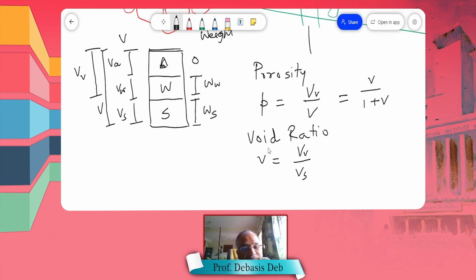Everybody? Just replace the Vt here. You replace it by Vv plus Vs and then divide by Vs. Then you will get e by 1 plus Vv divided by Vs, then you will get 1 plus e.